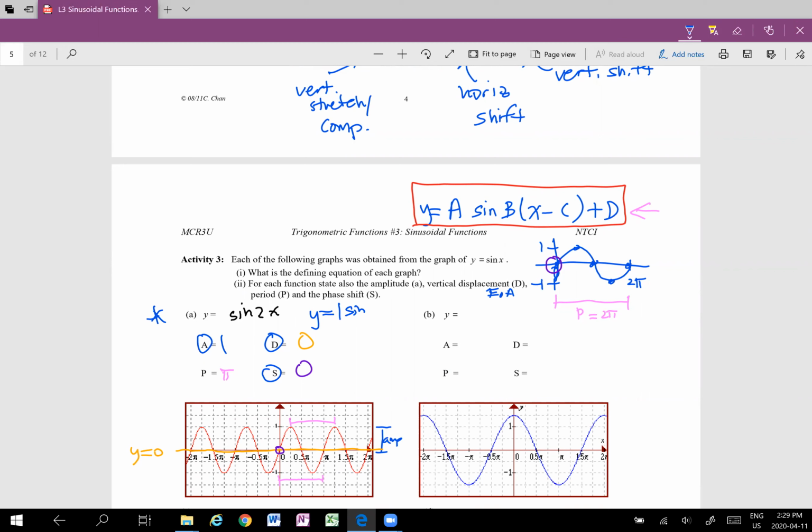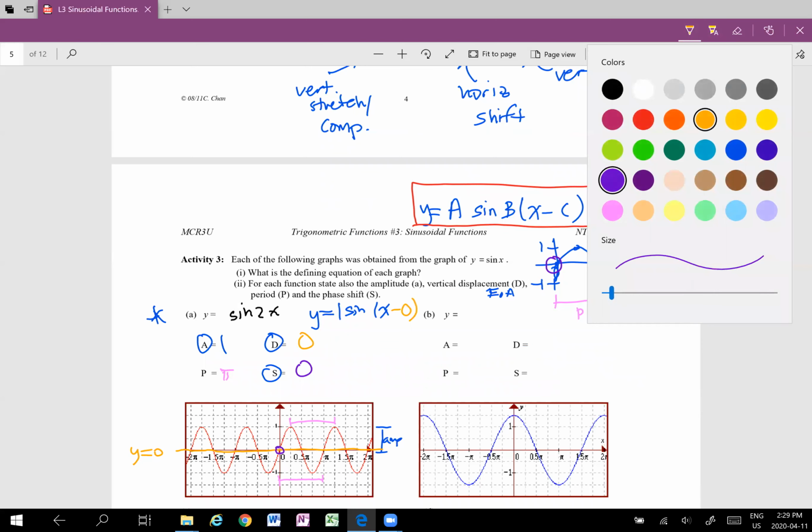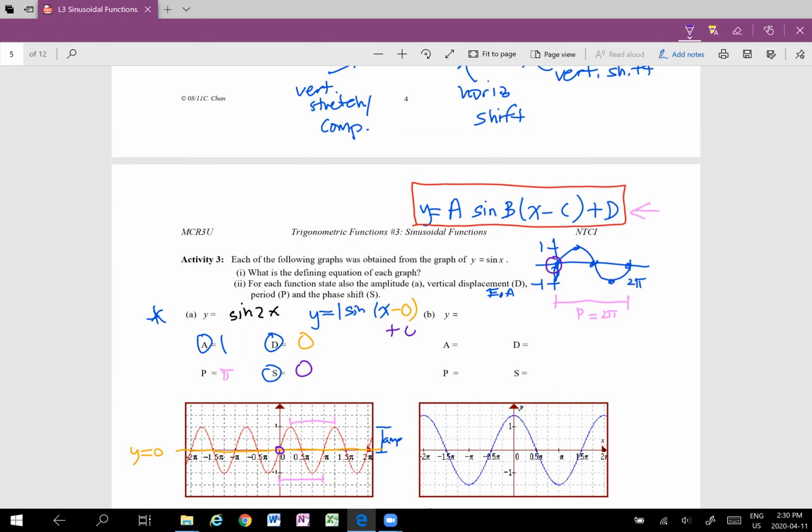We're going to leave the b value alone because I told you that was the hardest part. So let's do x, and there doesn't seem to be any phase shift, but let's just do it anyways. So x minus 0, and purple, plus 0. So that's my A. I haven't written anything for B yet. That's my C, and that's my D.